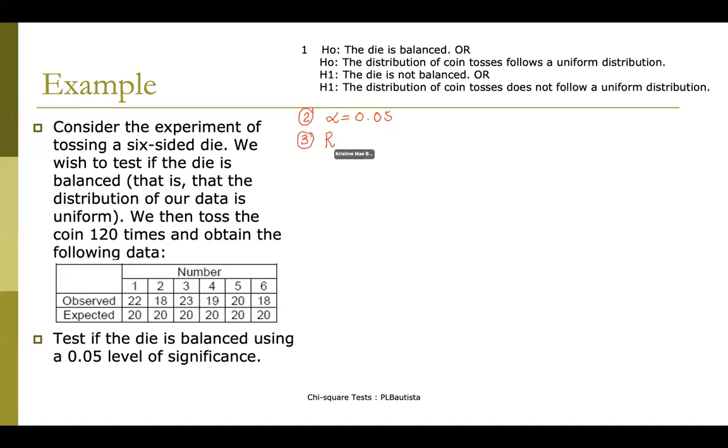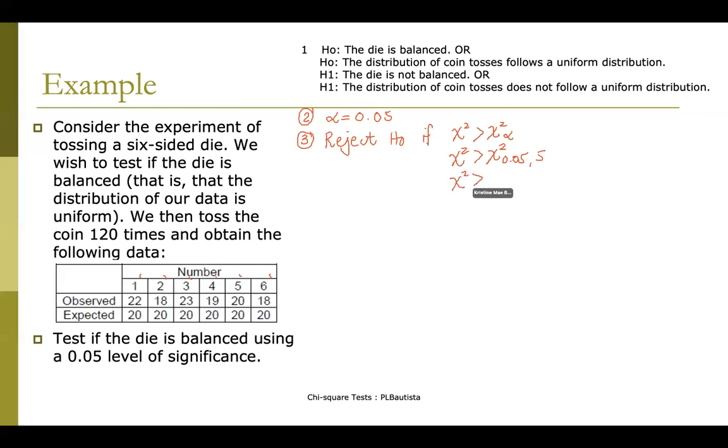For step 3, we reject H0 if the chi-square test statistic is greater than chi-square alpha. In this case, our alpha is 0.05, and we will be using 5 degrees of freedom. So in this case, our k is 6, since we are testing 6 particular columns, 1, 2, 3, 4, 5, 6. 6 minus 1 is 5, so we are using 5 degrees of freedom.